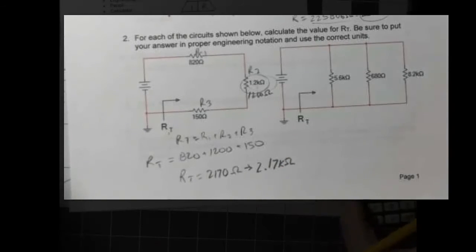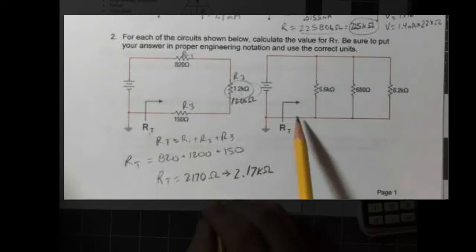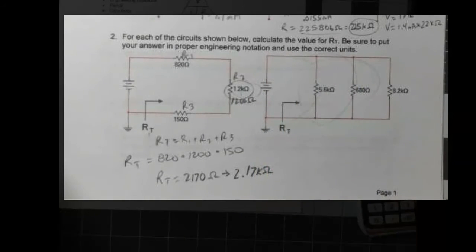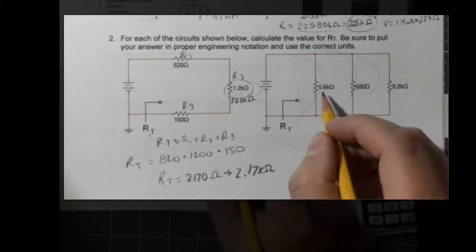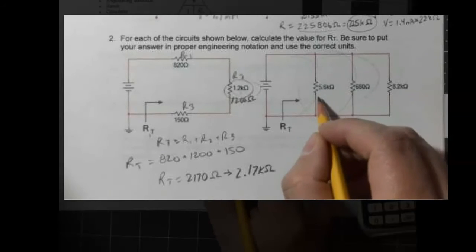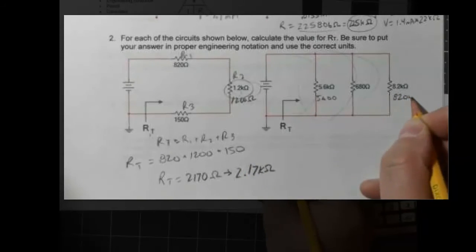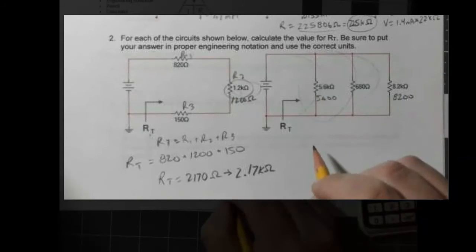Okay, now we have a circuit that is in parallel. So let's do the calculation for that. Let's go ahead and make this 5.6 k ohm, 5600, and 8200, and 680 we leave alone.